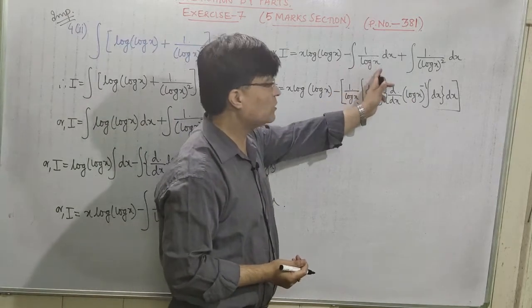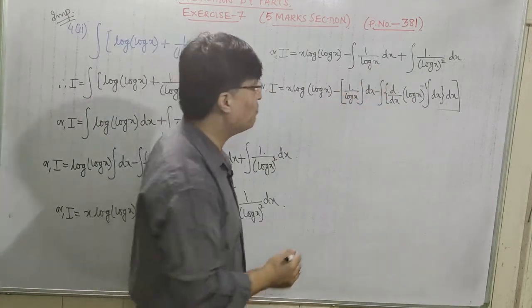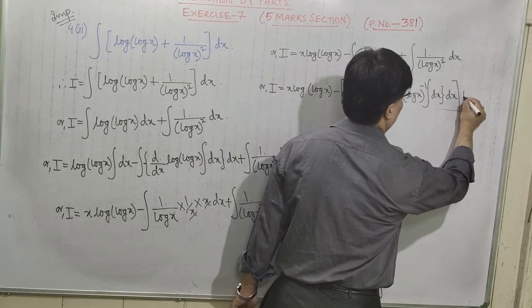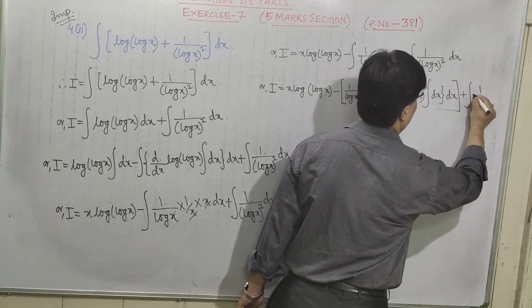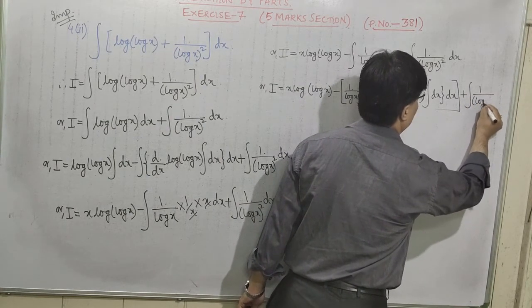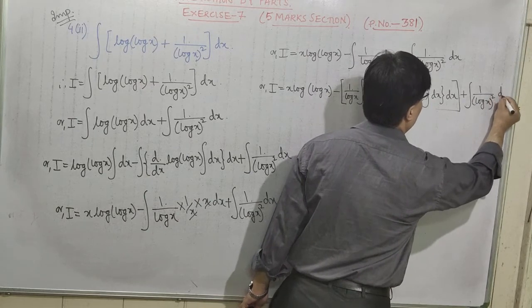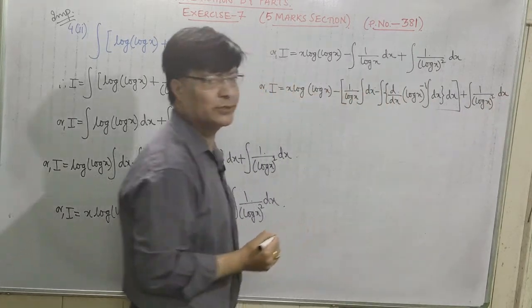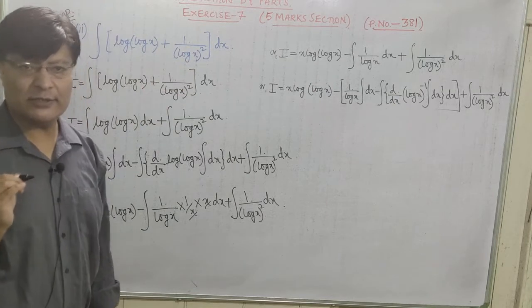So for this function we have used integration by parts, plus the last term is kept as it is, integration of 1 upon (log x) whole square dx. Is that understood?